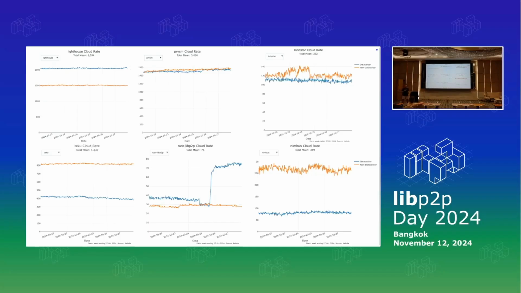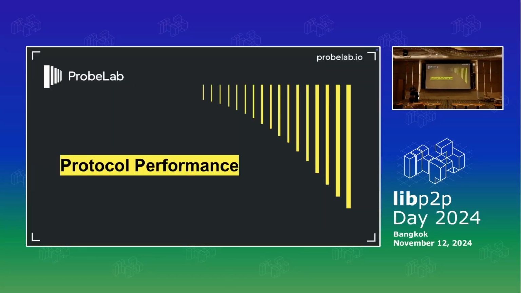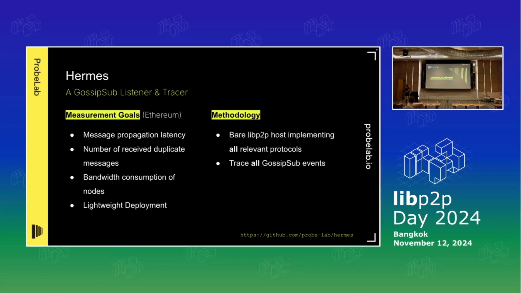All right, so this was network topology. Then another area that we look into is protocol performance. Another addition to our toolset that we built this year is Hermes, which is a gossipsub listener and tracer. It was built with measurement goals specifically targeted to Ethereum.